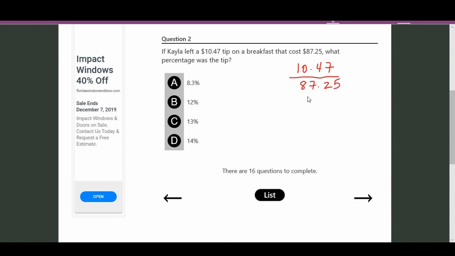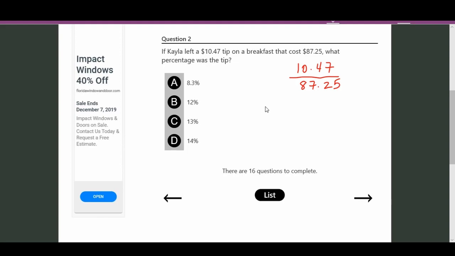Now, again, all fractions can be regarded as division. That is, you can read this as 10.47 over 87.25, or you can read this as 10.47 divided by 87.25, which will give us the percentage of the tip.